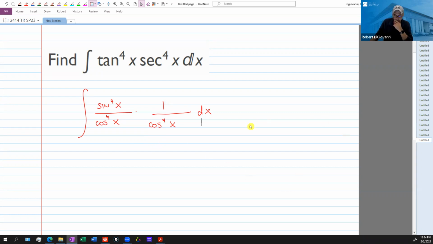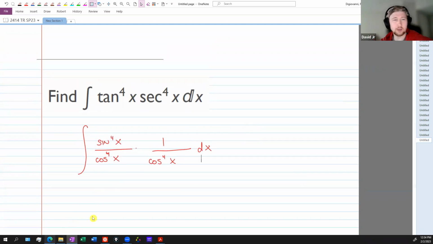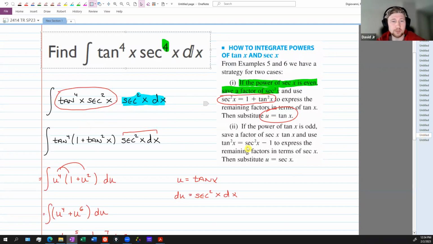Would it be possible to go back and instead of using this method, combine the tangents all together, leave the secant squared x separate, and then do integration by parts instead? Maybe you could do that. You mean like distribute this through? Right. And then do integration by parts on what's there?